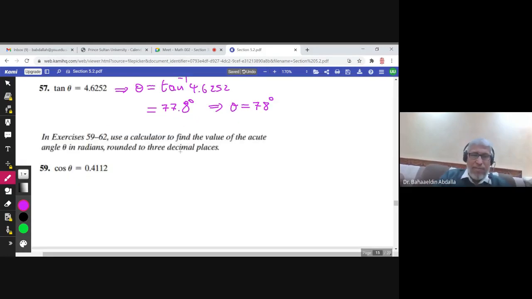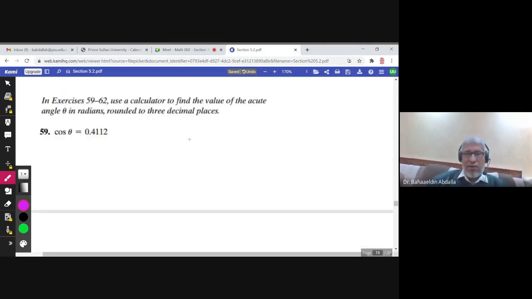Use a calculator to find the value of the acute angle theta in radians, rounded to 3 decimal places. So I have to be in radian mode, so shift mode number 4. Now I am in the radian mode. How to find theta? Theta is cosine inverse 0.4112. Now I use the cosine inverse key, so shift cosine.